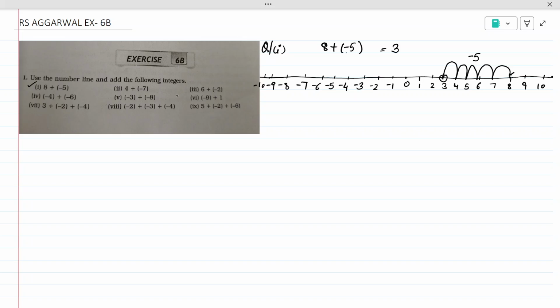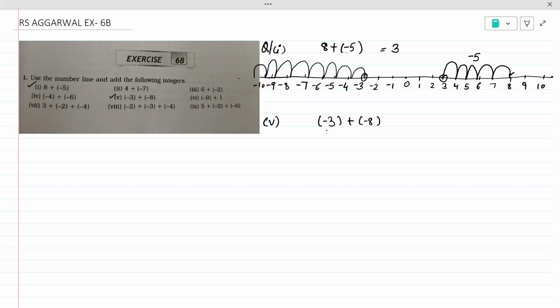Okay. Similarly, let me pick question number 5 here. In question number 5, we have minus 3 and minus 8. That means we are starting from minus 3, which is here, and we are taking 8 steps in the negative direction. That means we are moving backwards. So this is 1, 2, 3, 4, 5, 6, 7, and 8.